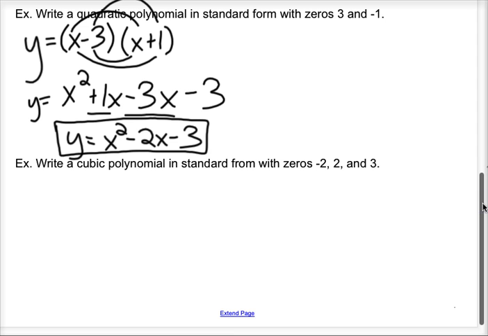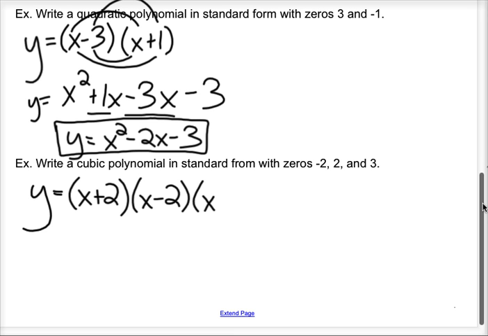All right, so write a cubic polynomial in standard form with zeros -2, 2, and 3. To get a 0 at -2, you're going to need x plus 2. To get a 0 at 2, you're going to need x minus 2.